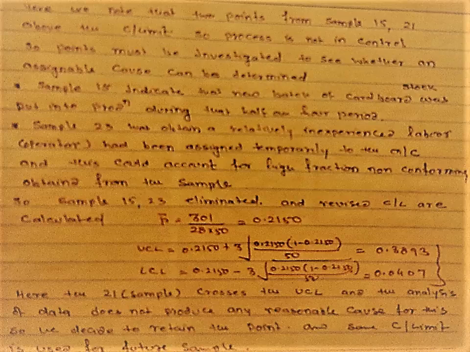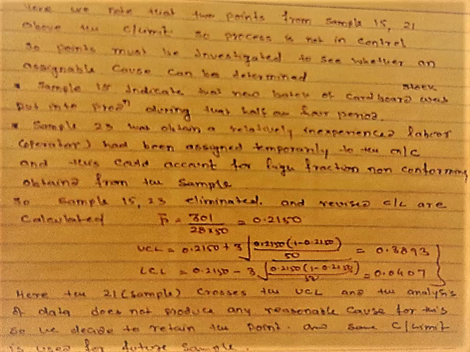It indicates a new batch of cardboard. Then we see what happens during the process, during production of the cane, when sample 15 was taken. So we have to analyze that lot, what happens in that particular lot.